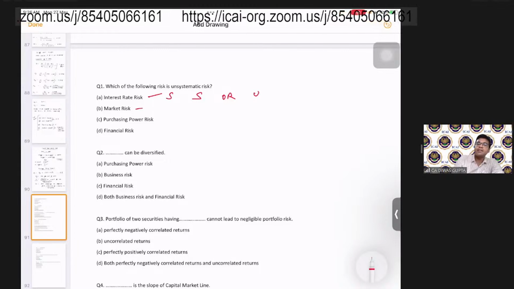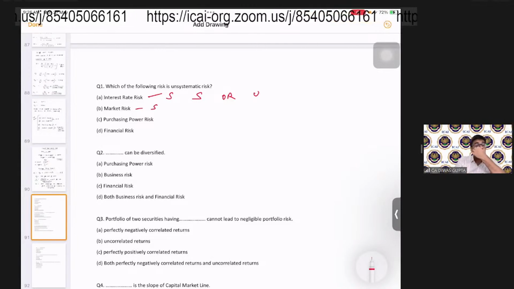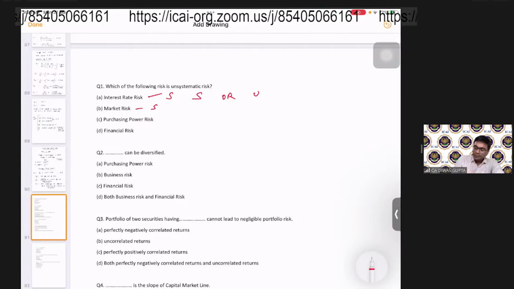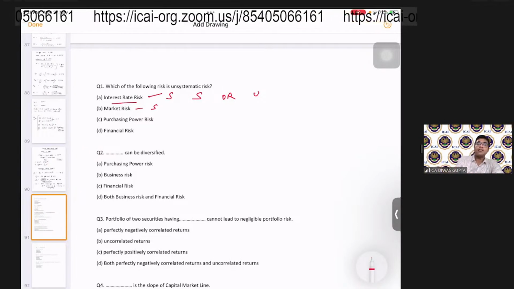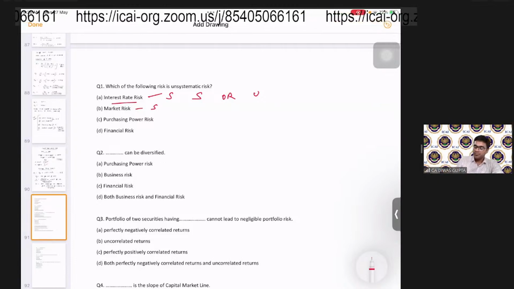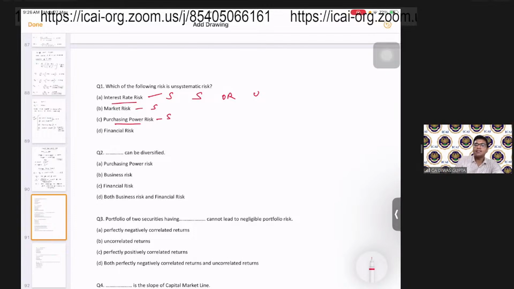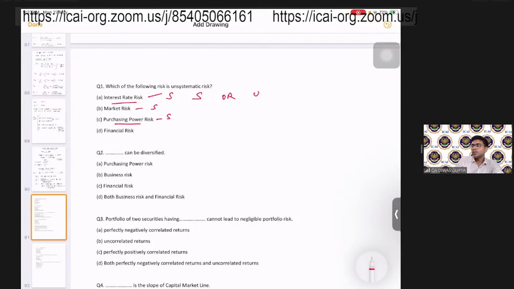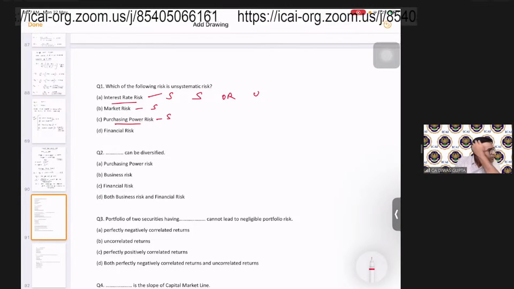Market risk, as the name suggests, is the risk appearing in the market. It is also a systematic risk. Interest rate risk is systematic because a single change in interest rate will impact the entire market. Purchasing power risk is also systematic, not unsystematic, because purchasing power risk is actually inflation.